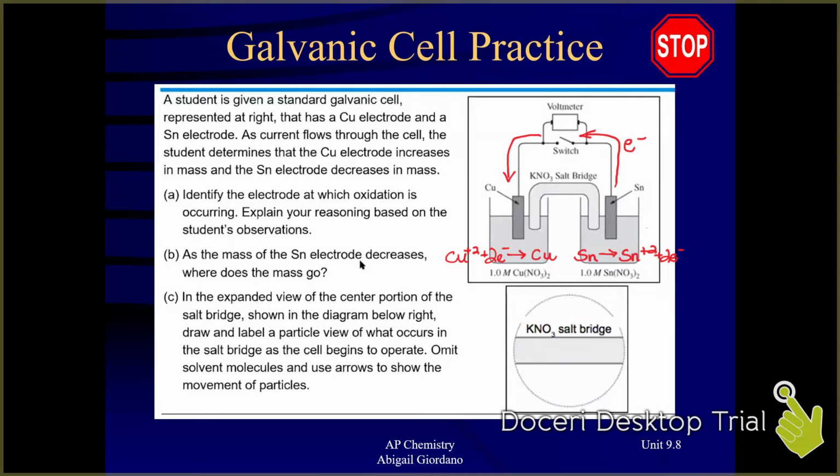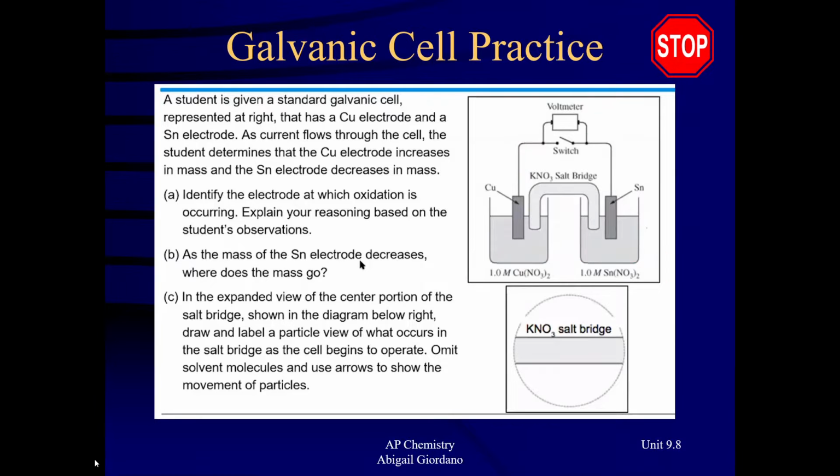Okay? Keep in mind, guys, in galvanic cell images, the electrons don't always flow left to right. Sometimes they flow from right to left. They will, however, always flow from anode to cathode. Okay? But this information they told us about which electrode was increasing in mass, which electrode was decreasing, that allowed us to figure out which way the electrons must have been flowing.